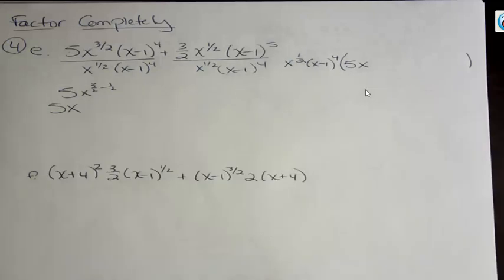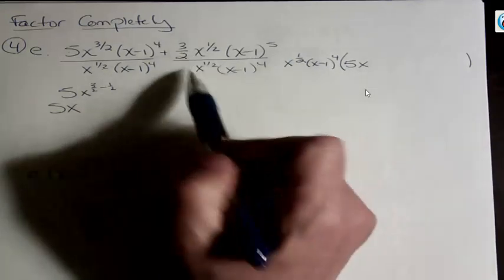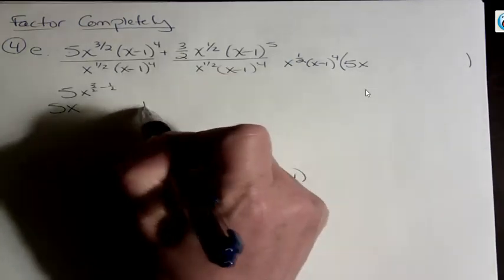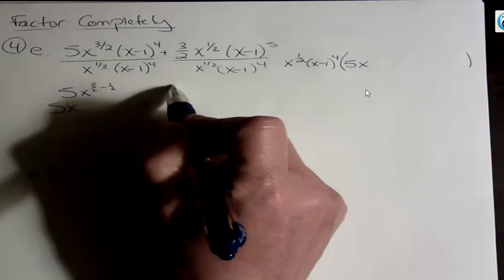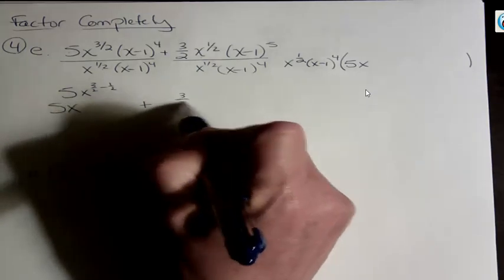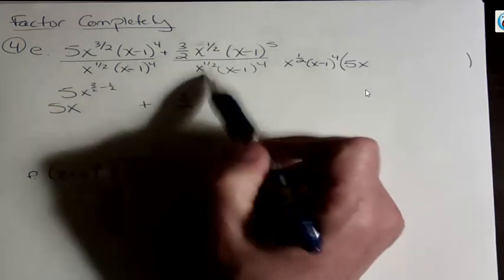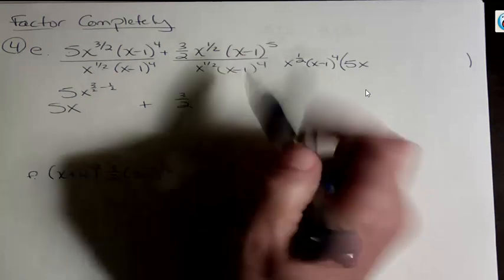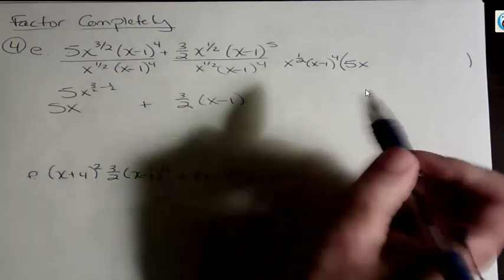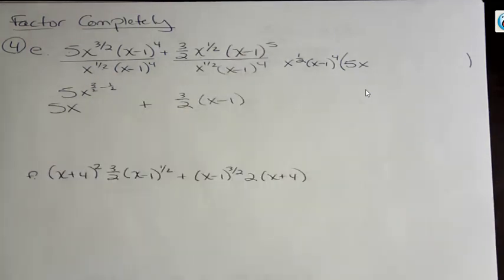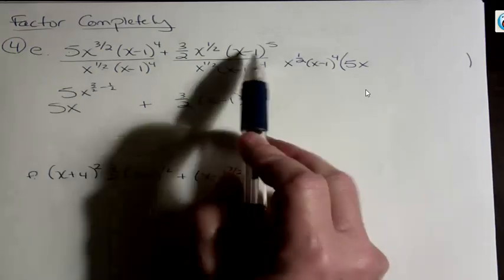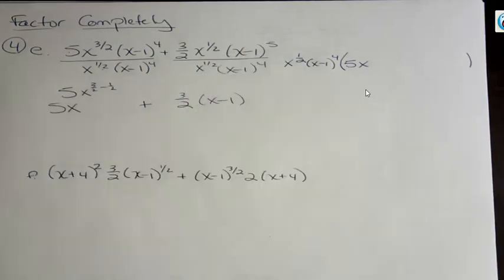Okay. Now for the second half, I have 3/2 and I have these canceling, and I have 1 x minus 1 left over after I take out the, there's 4 down here and there's 5 up there, so I have 1 left.